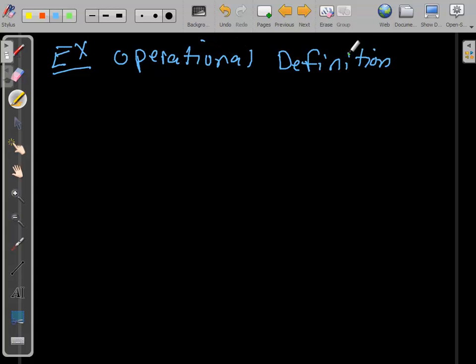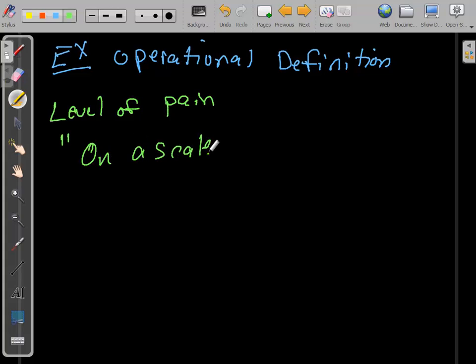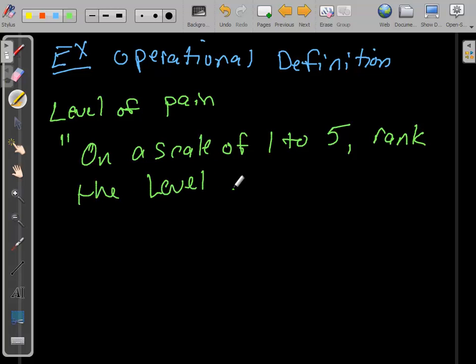An example we might be familiar with is ranking level of pain. So when you ask a patient something like, on a scale of 1 to 5, rank the level of pain you are experiencing.